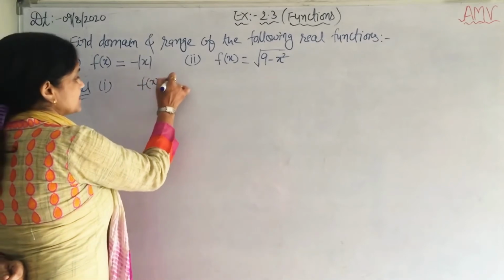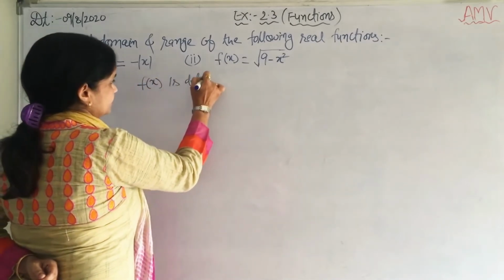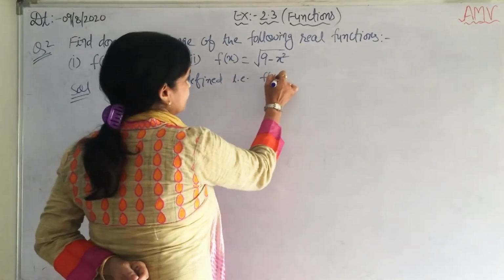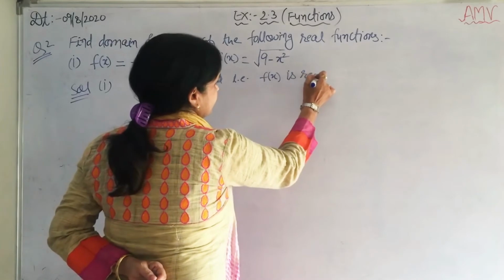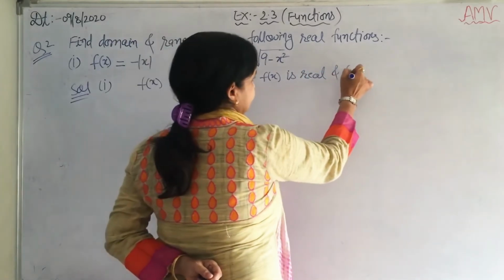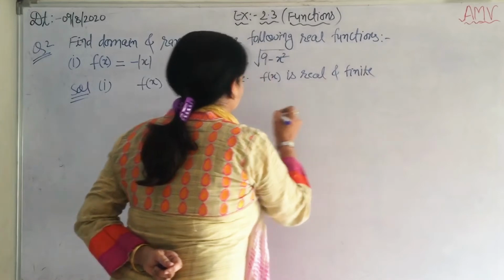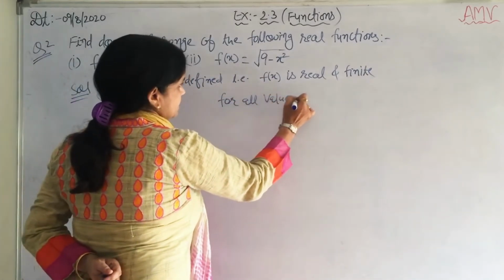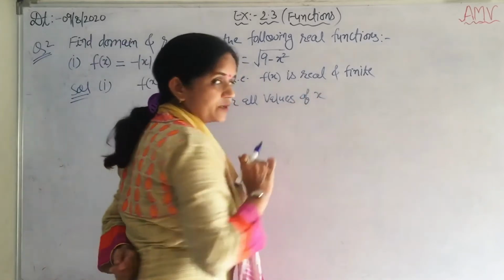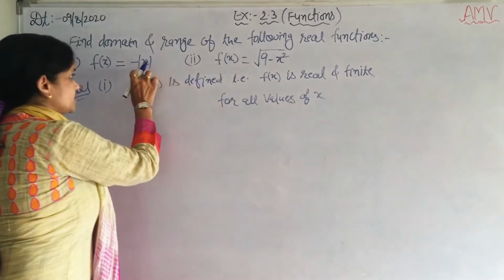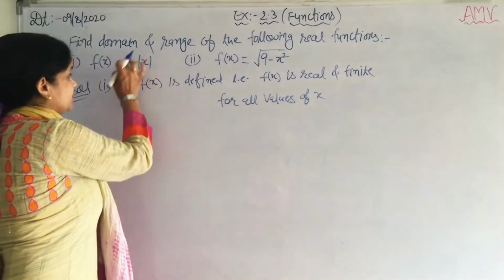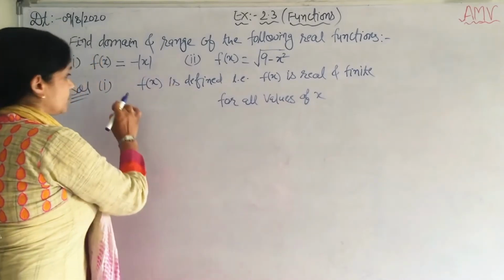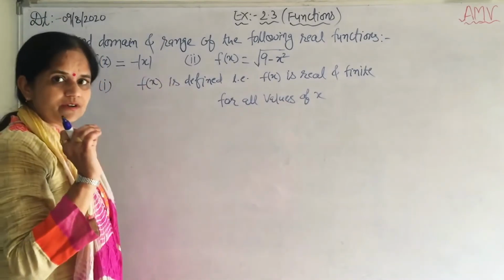So f(x) is defined, that is f(x) is real and finite for all values of x. Okay, it means that if we substitute different values of x, you will find a real and finite value. Okay, so it is defined for all values of x.